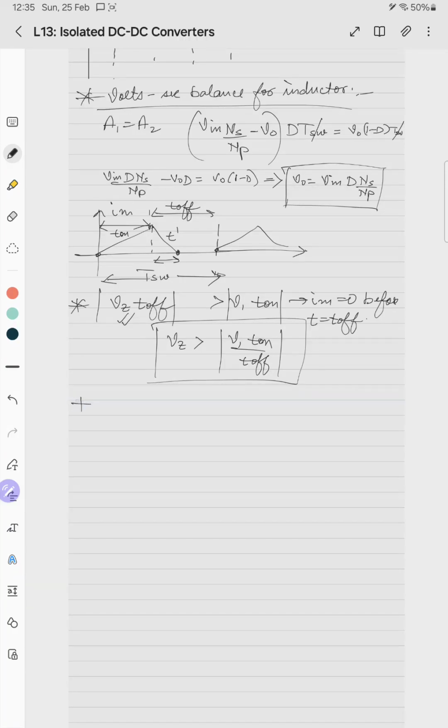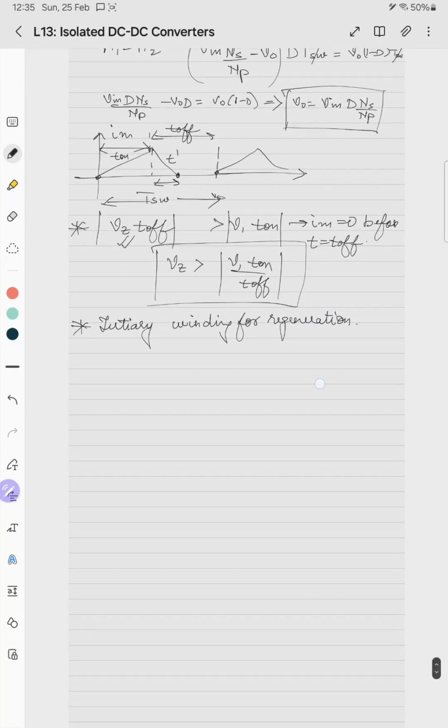So we can add a tertiary winding for regeneration, and the circuit is modified as follows.